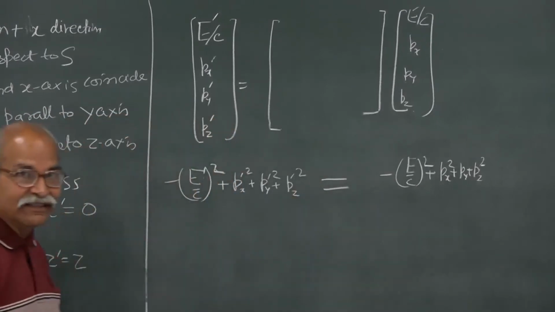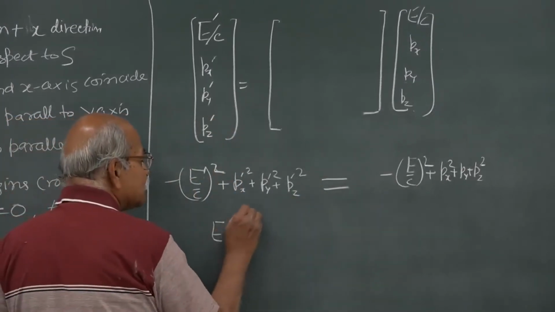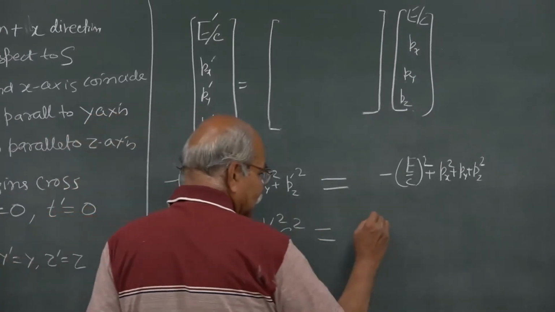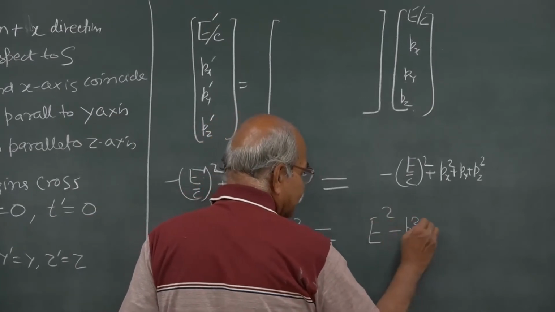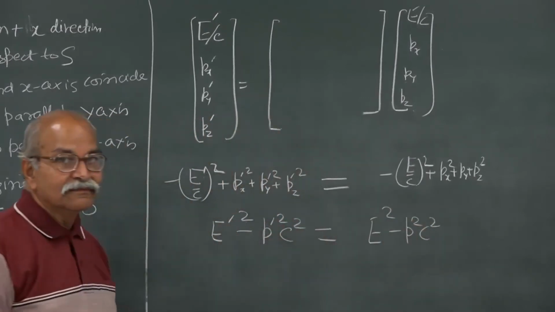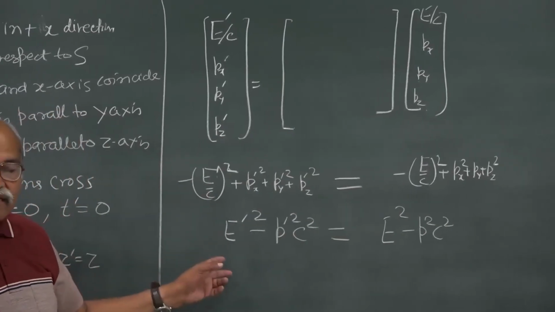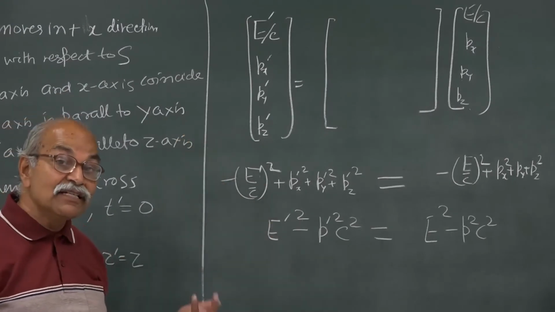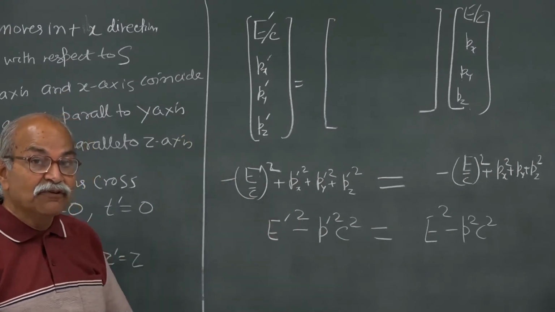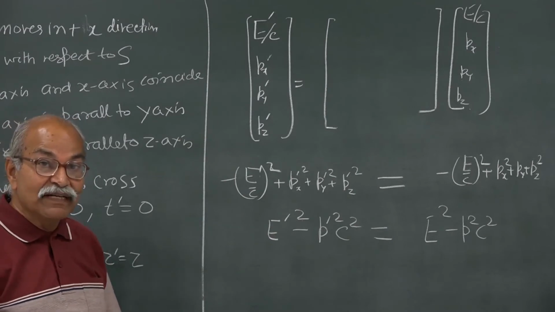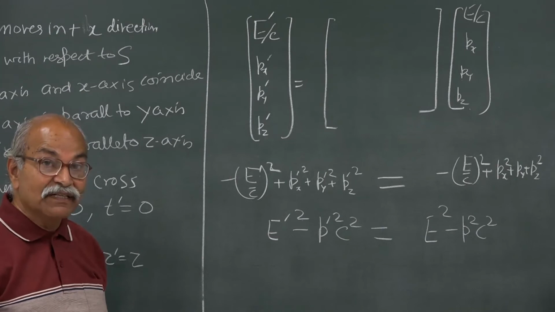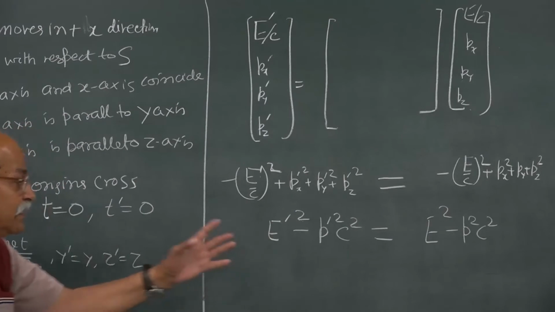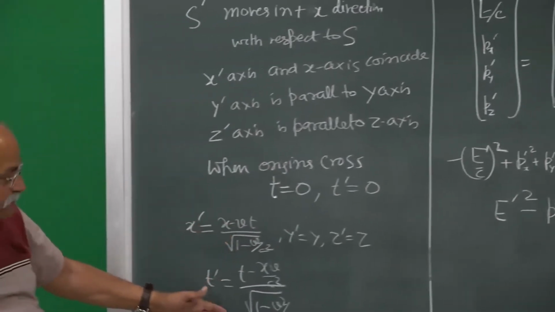So E prime square minus P prime square c square will still be E square minus P square c square, and that is valid for all 4 vectors, position 4 vector or displacement 4 vector, or velocity 4 vector, any 4 vector you take, this will always be there. So not necessarily it is coming from this kind of equations.